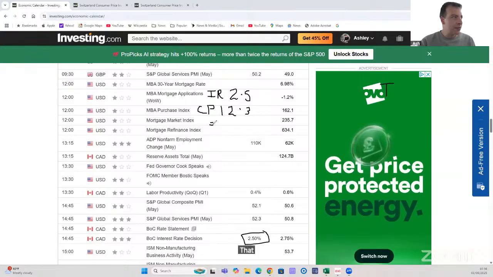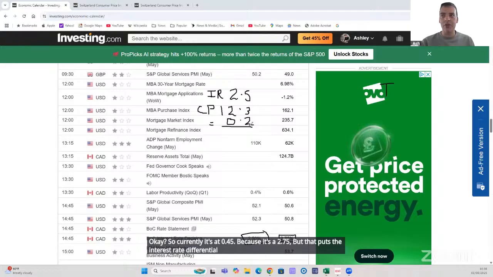That means your interest rate differential is 0.2. Okay, so currently it's at 0.45 because it's 2.75, but that puts the interest rate differential at 0.2.